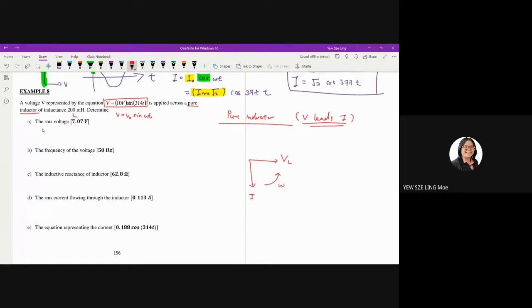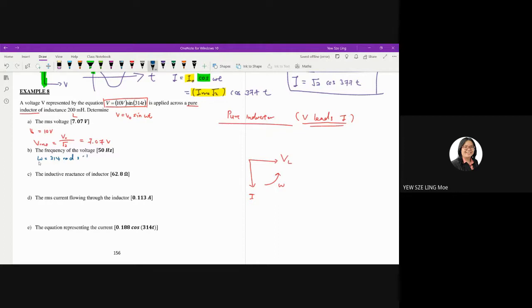Question A, calculate the root mean square voltage. By comparison, I have V naught equals 10 volt. So VRMS equals V naught over root 2, which is 7.07 volt. The frequency of the voltage: again by comparison, I have omega equals 314 radian per second.